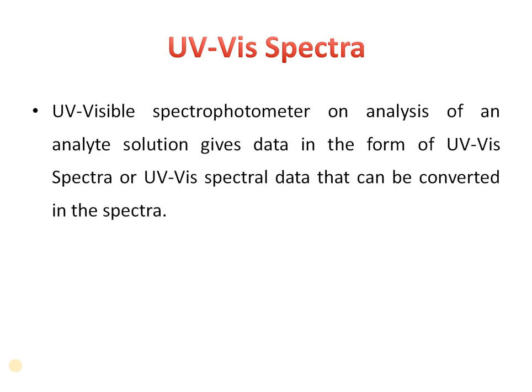UV spectra is the graphical representation of the data obtained by the UV visible spectrophotometer. On analysis of an analyte solution, the spectrophotometer gives data in the form of UV visible spectral data that can be converted into the spectra.